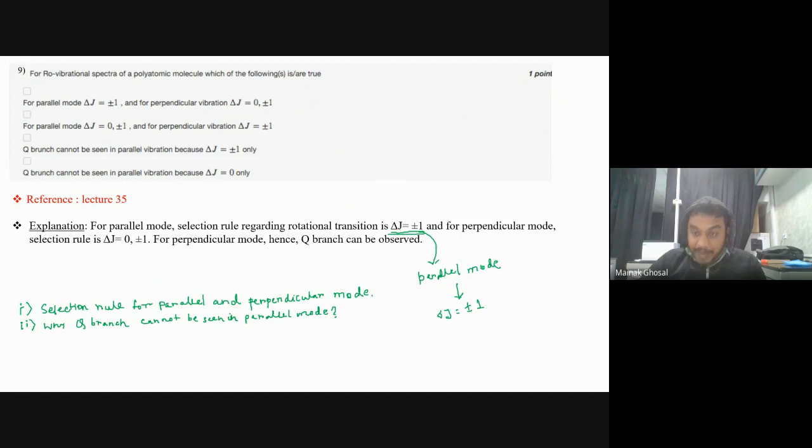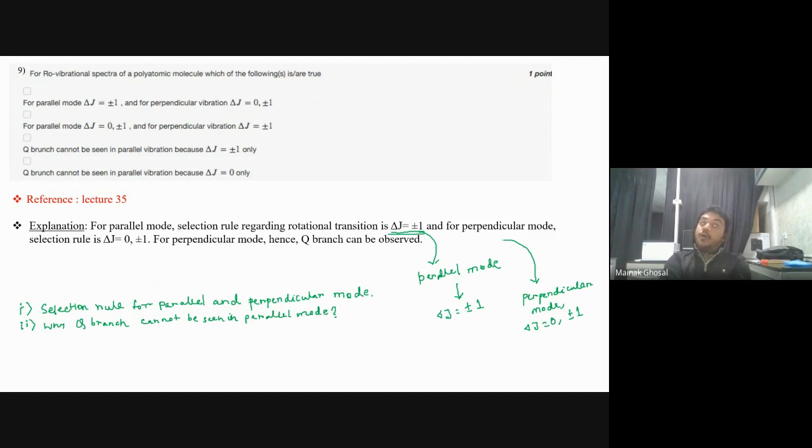Fine. But for perpendicular mode, I have said that delta J should be equal to 0 or plus minus 1. These two values are possible. So for parallel mode, your delta J should be plus minus 1, and for perpendicular mode, delta J equal to 0 is also possible.